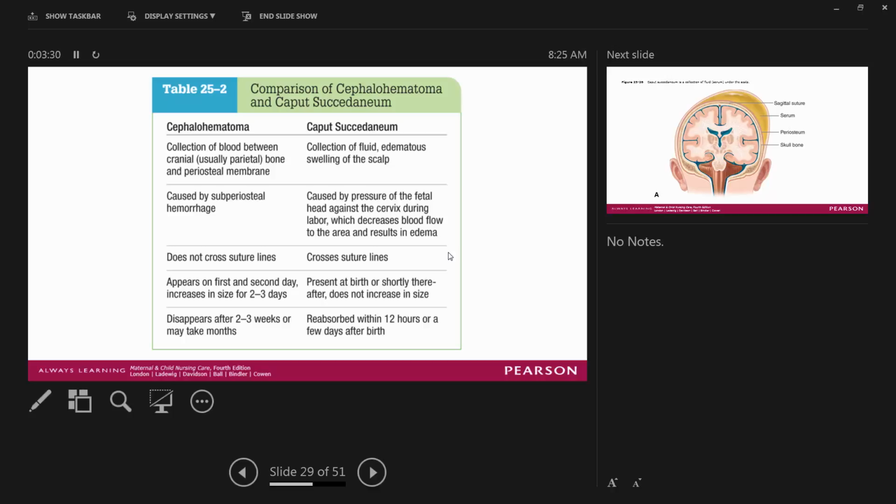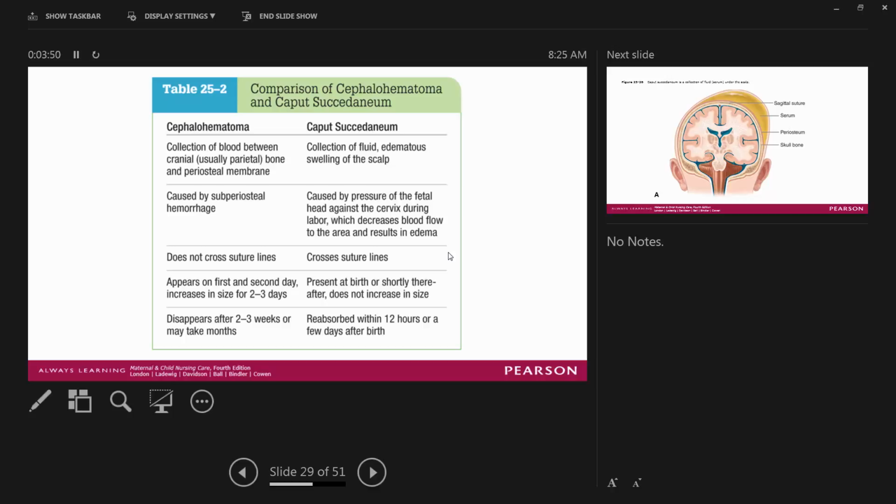The hematoma, you can see that on the first day. The caput starts to develop and grow. You've created a bruise or damaged some vessels, and as those vessels leak over a period of time, you'll start seeing that swelling occur.